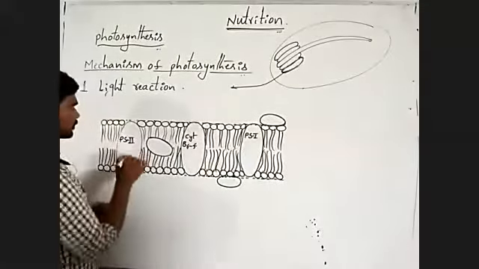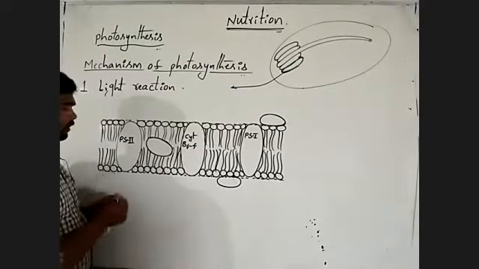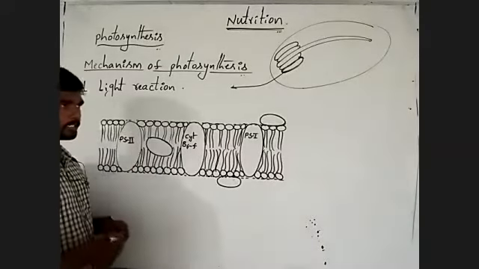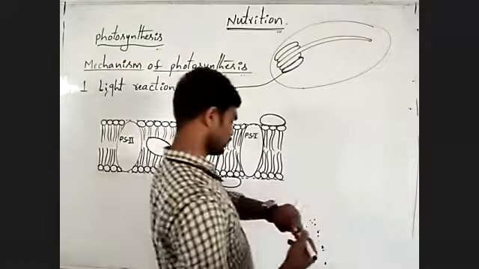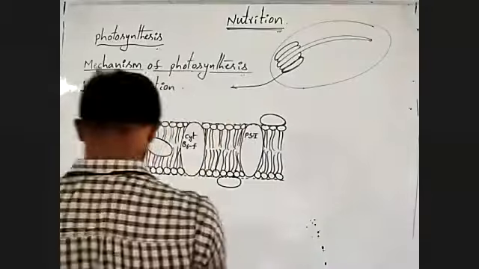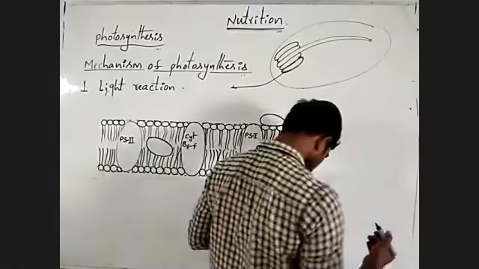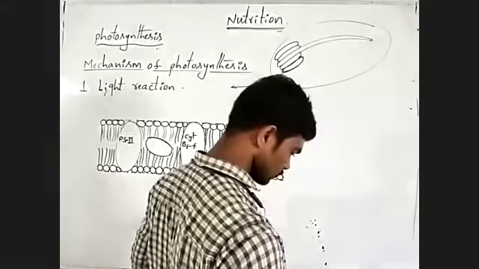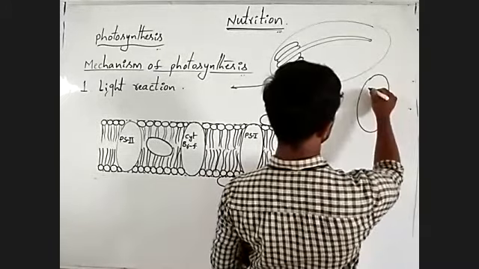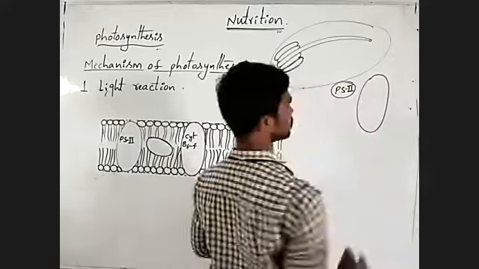Here, these two are photosystems actually. Photosystems means a number of photosynthetic pigments are present here. For example, imagine this is photosystem 2.